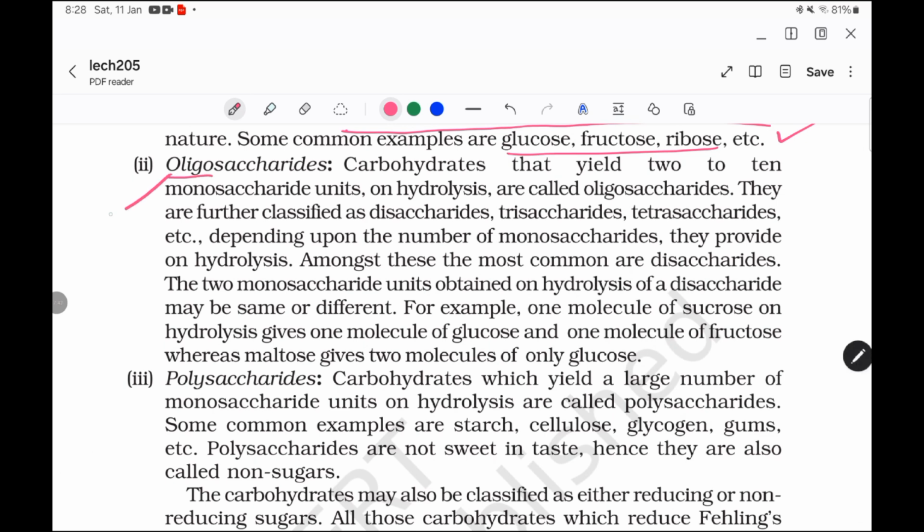Oligosaccharides: the word oligo means few. So oligosaccharides are the carbohydrates that give you 2 to 10 molecules of monosaccharides when they are boiled, and they can be further divided into disaccharides if they break into 2 molecules, trisaccharides if they give you 3 molecules, tetrasaccharides if they give you 4 molecules, and so on, depending upon how many monosaccharides they break down into.